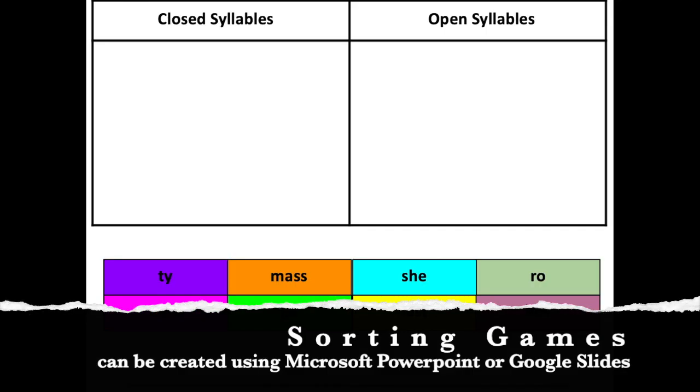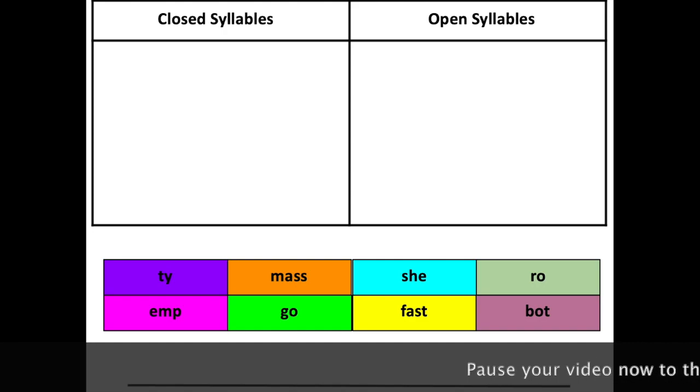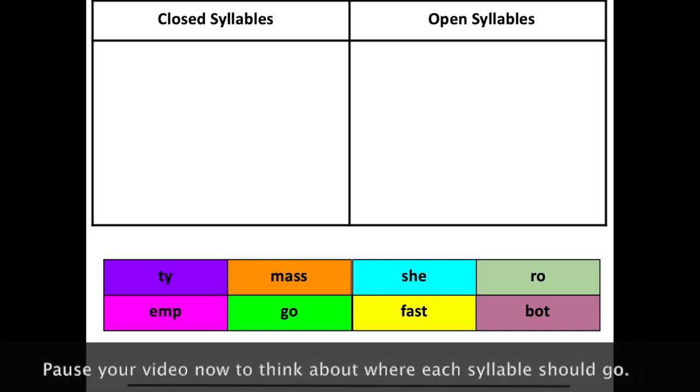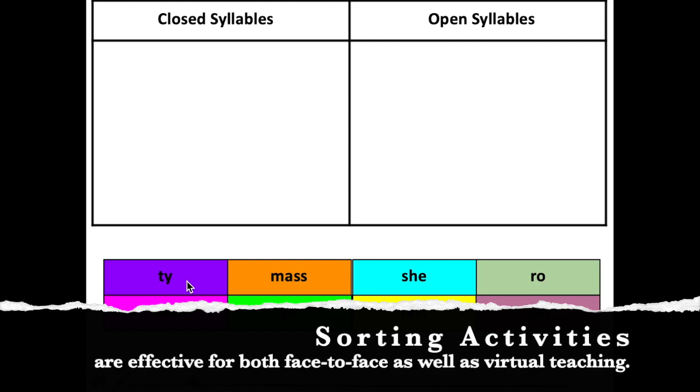Sorts can be an effective way to determine if your students are picking up on the concept or not. Here I have a two-way sort with closed syllables and open syllables. TY, is that an open syllable or a closed syllable?